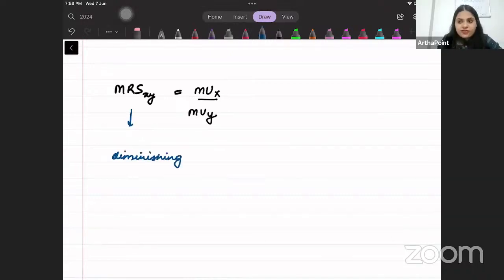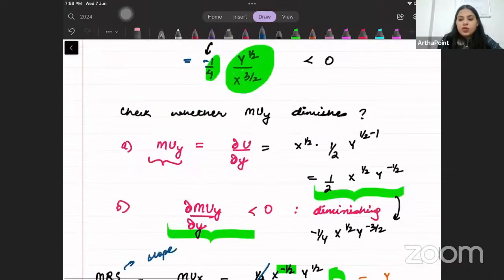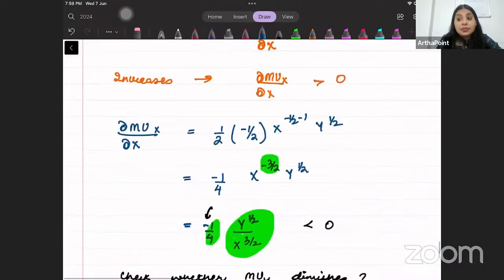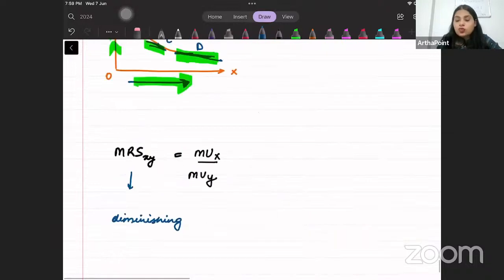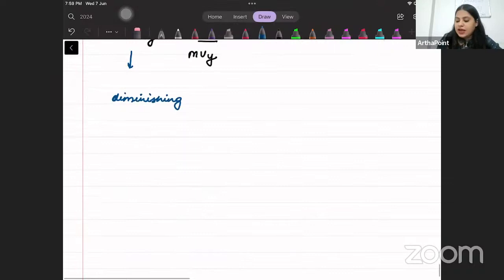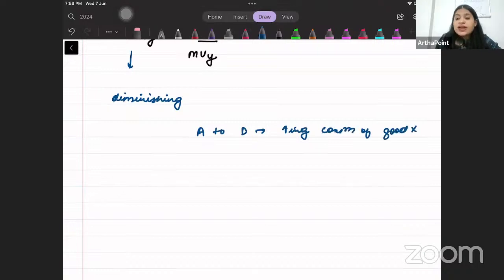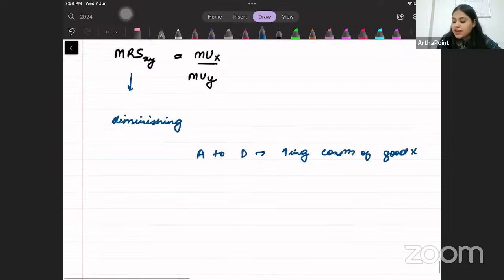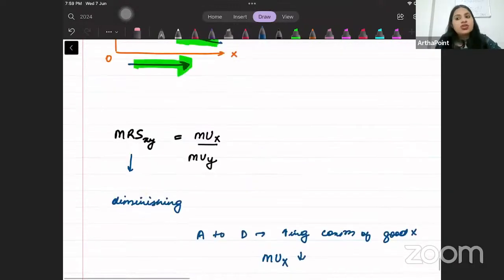Now, if you have proved that MUX and MUY are diminishing, then you know that when you move from point A to point D, you are increasing the consumption of good X. And we know that as you increase the consumption of good X, marginal utility of X should fall. Because we proved that we have diminishing marginal utility.